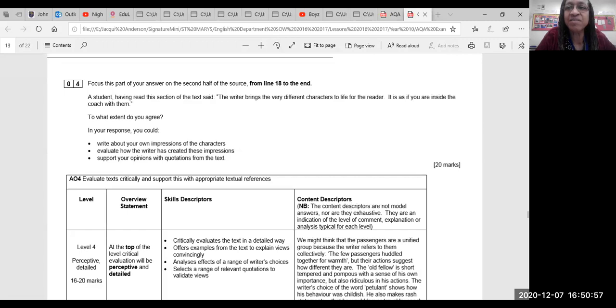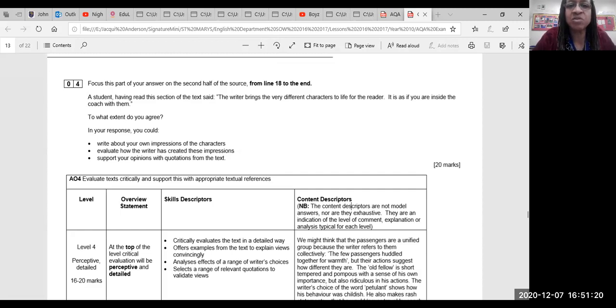Right, lastly, we're going to have a look at question 4 and see how you have responded in that particular question. So again, hopefully you would have structured your answer using the PEAL format, but use some of these keywords to show critical evaluation.